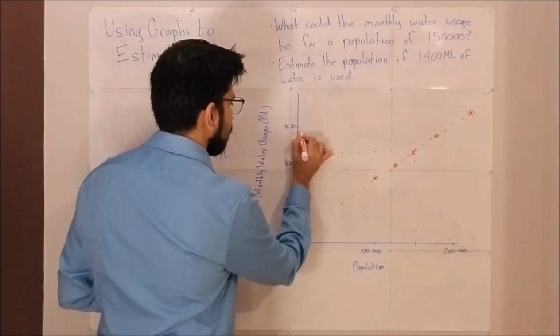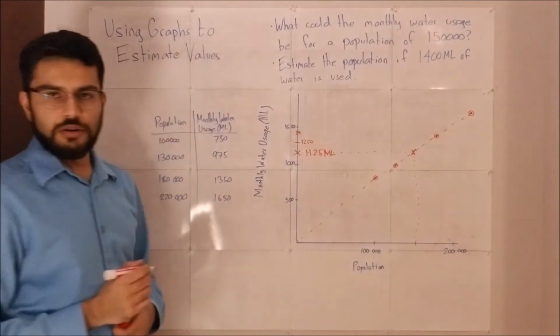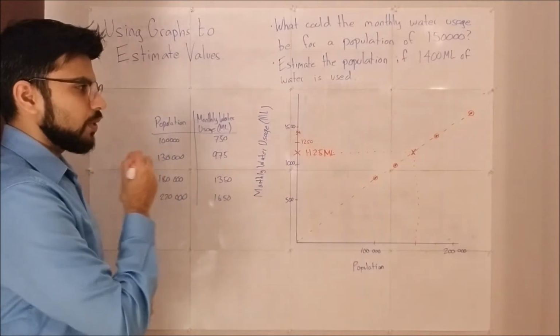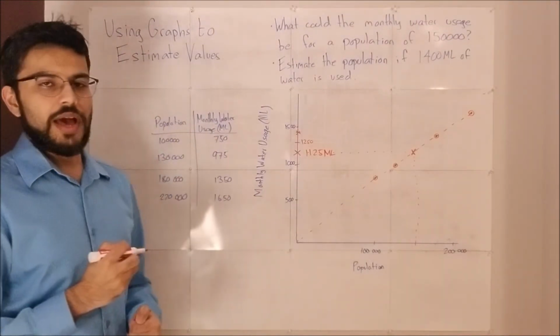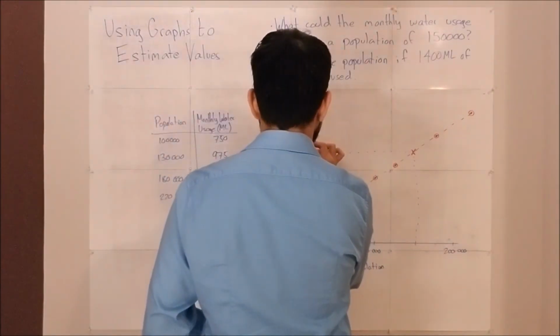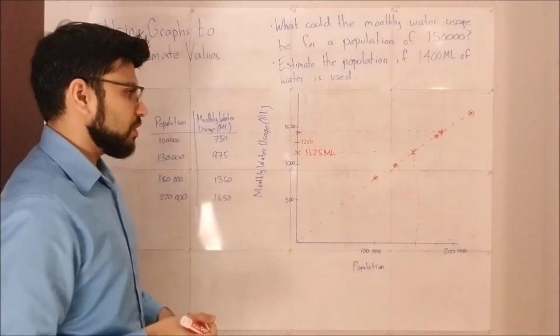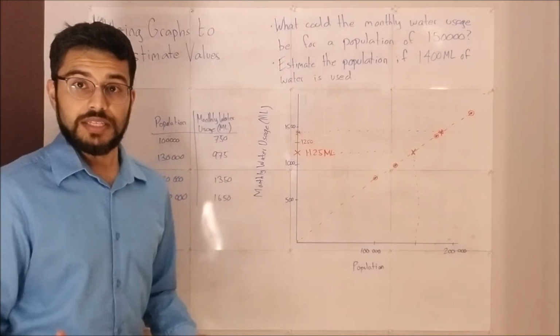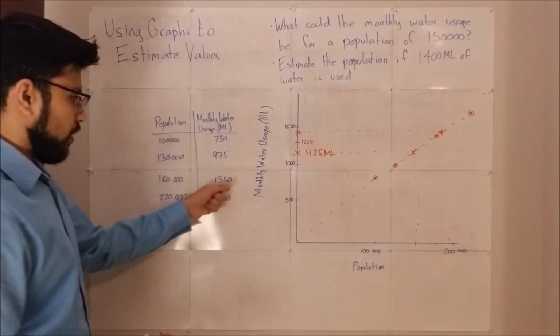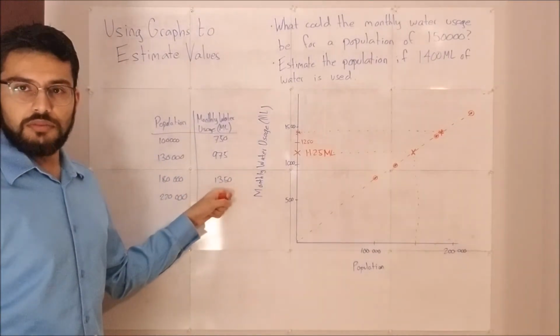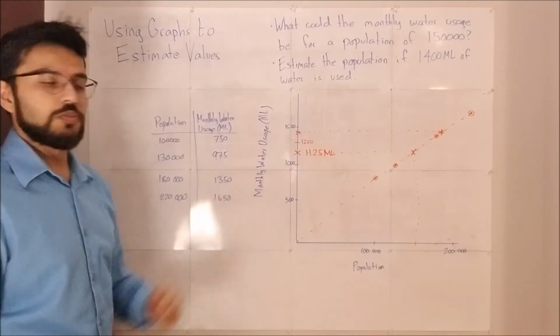Put a little star over there. So I'm going to trace a line from there all the way back to my graph. Ends up over there. You'll notice it's very close to another point, and that kind of makes sense because the point that I had was 1350, and 1400 is really close to that, so it should be very close.